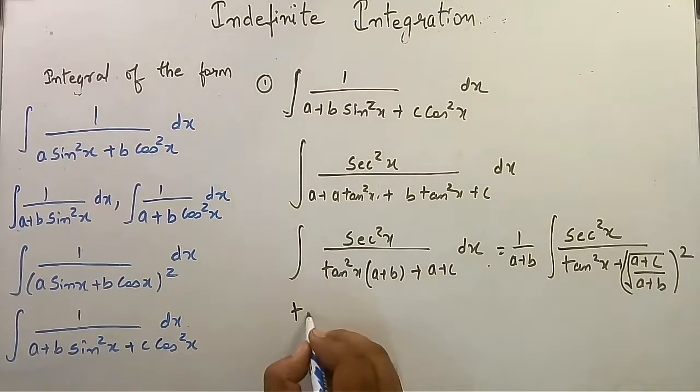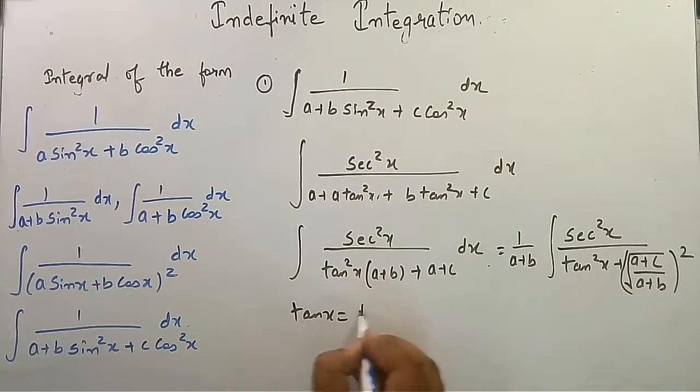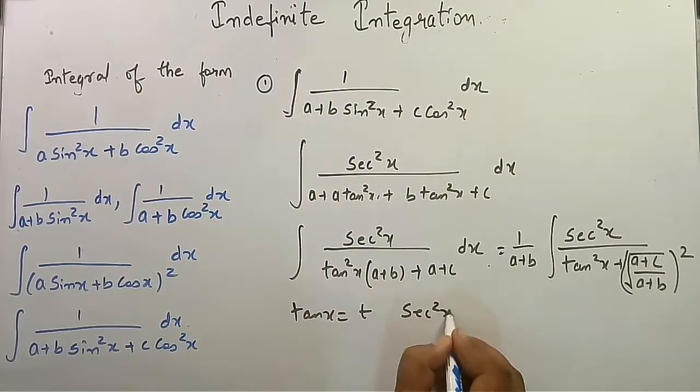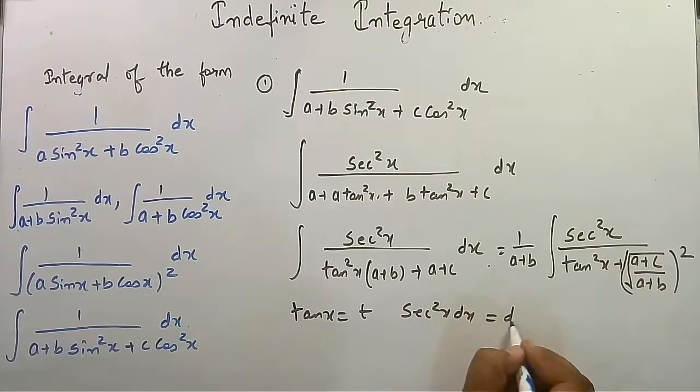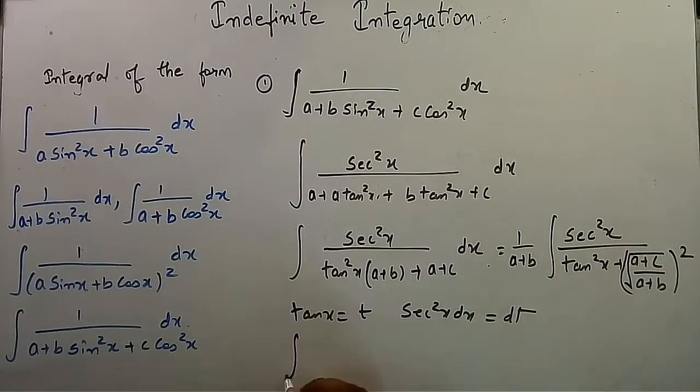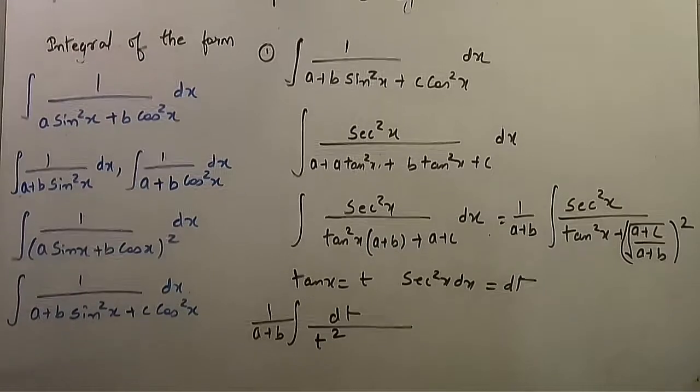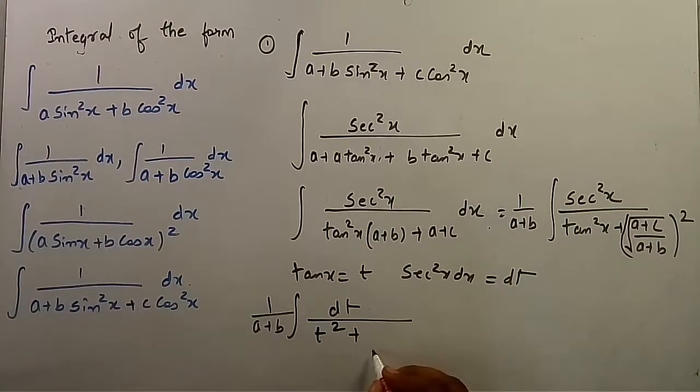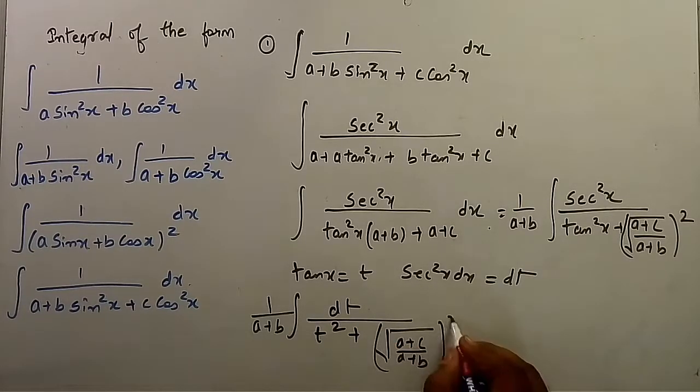Now put tan x equal to t, and sec square x dx will become dt. So here we have 1 by a plus b into the integral of dt by t square plus under root of (a plus c) by (a plus b), whole square.